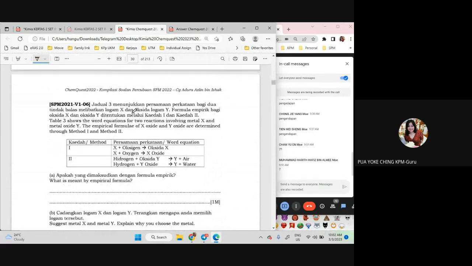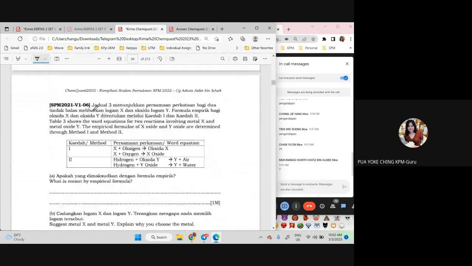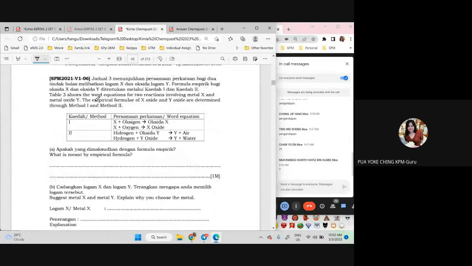Okay, so this one is version 1. Oh, ini gambar rajahnya tak ada. Ini ialah yang crucible. Ini ialah yang tube.